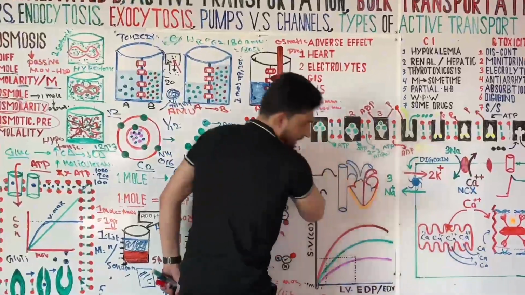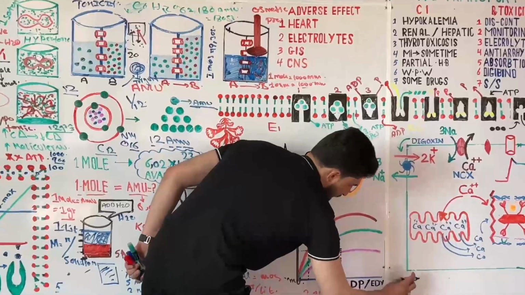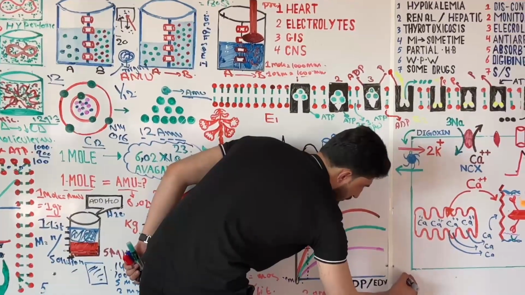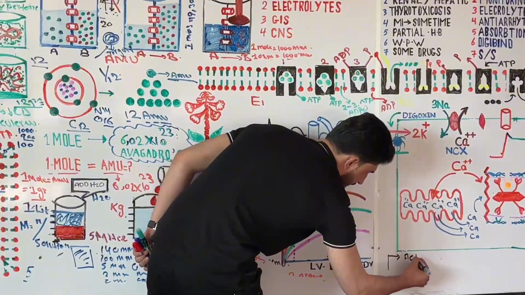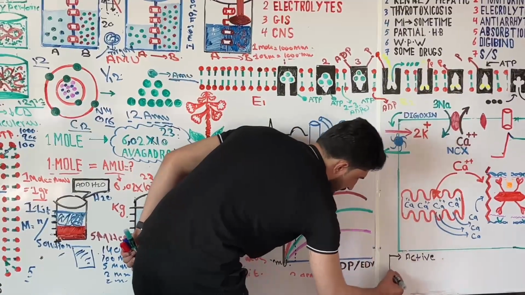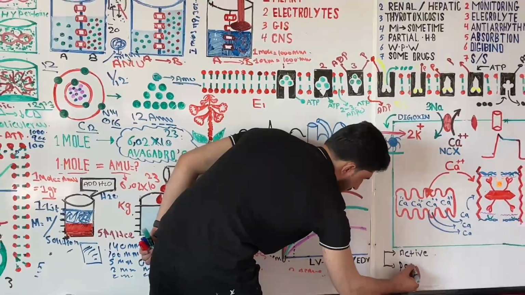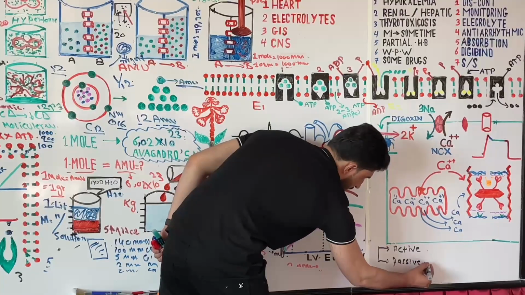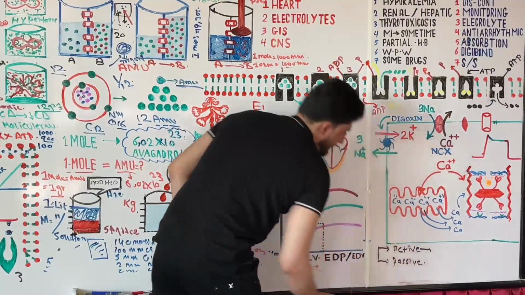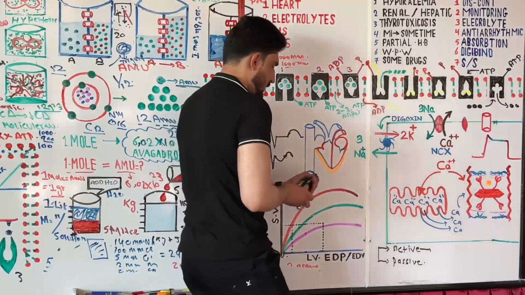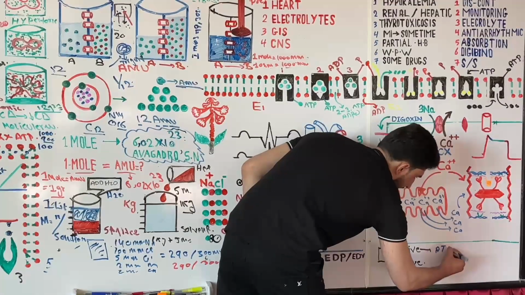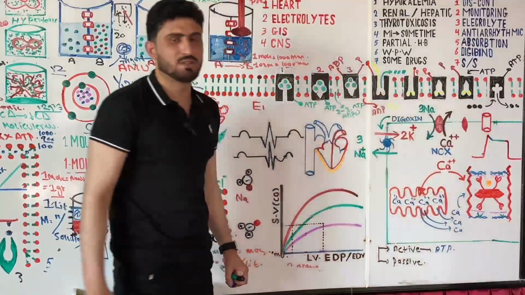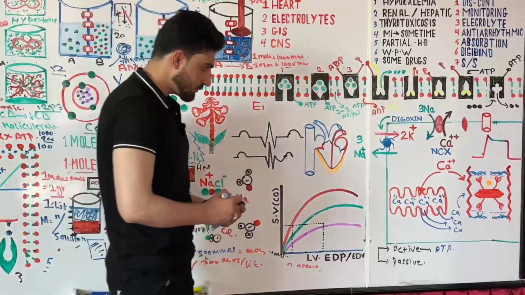As you know from the previous part, we have two types of cell membrane transportation: active and passive. In active cell membrane transportation, we use energy, or ATP. This is a type of biological energy.